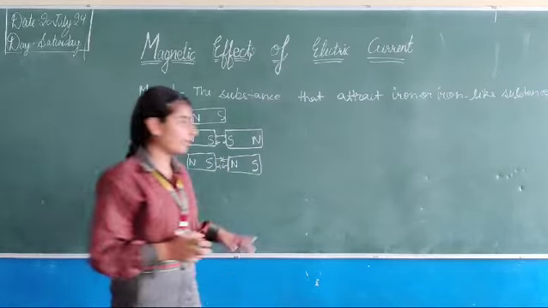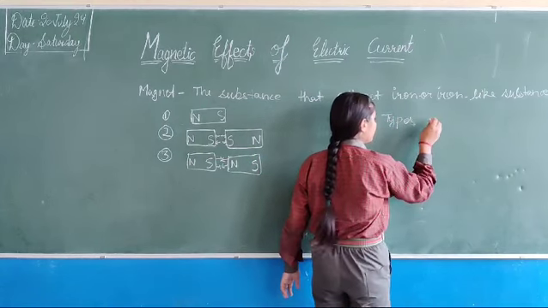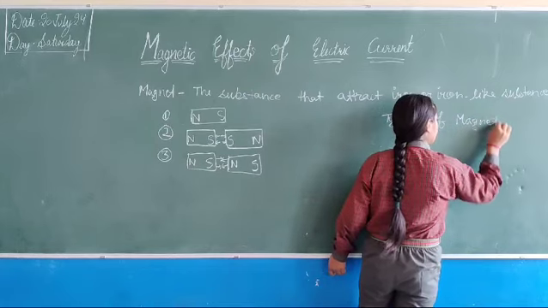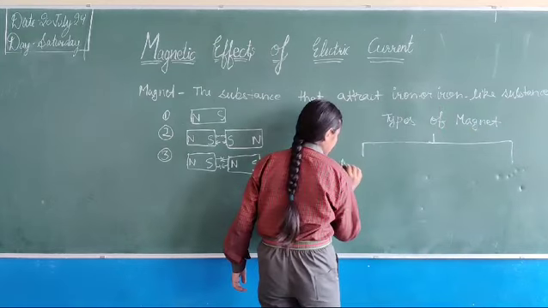There are two types of magnet. The first one is natural magnet.